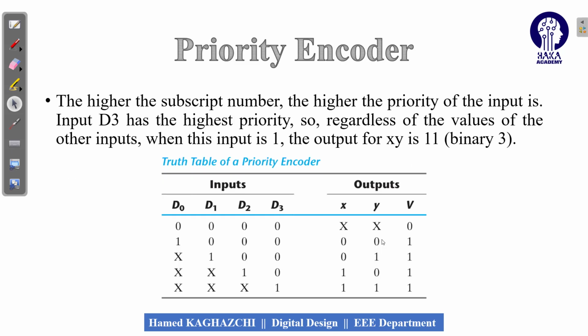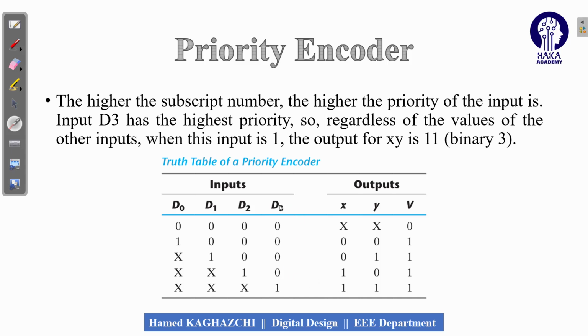Look at this truth table. You can see that again we have a 4 by 2 encoder. It means that we have 4 inputs, 2 outputs. This V is the validation.